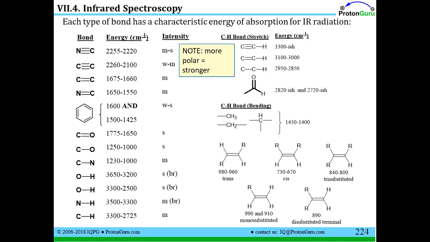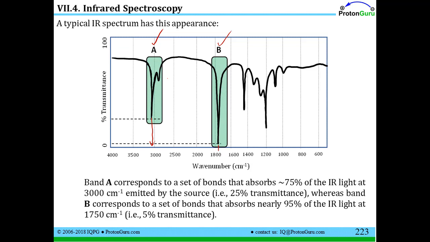One thing I do want to note is that more polar bonds tend to absorb more strongly. And you see this little column on intensity. You see the polar carbon-nitrogen bond has a similar energy of absorption compared to the CC triple bond. Right, so if we look back at the spectrum, they both absorb around here.